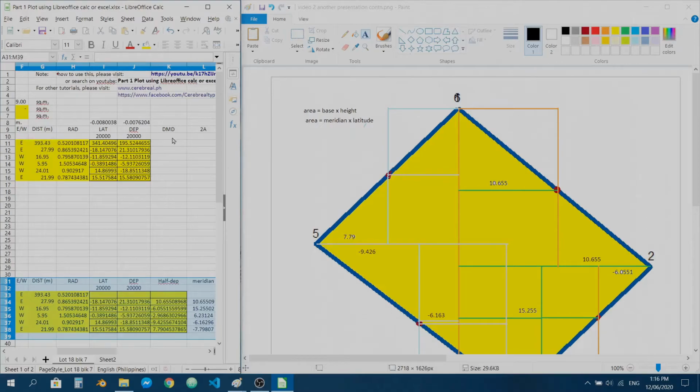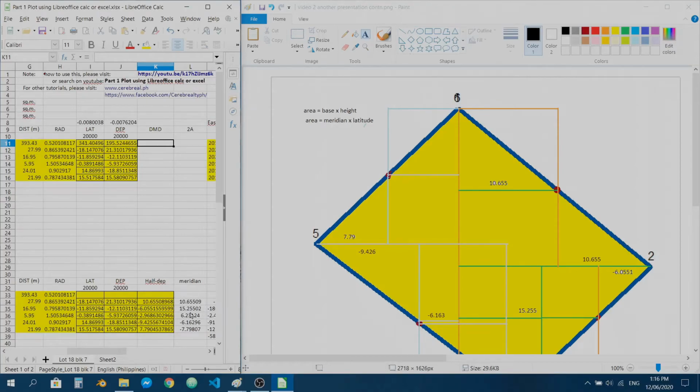Or how do we derive it? In actual practice, we do not divide the departure to get the half departure. We just simply use the departure to get the meridian. But since we do not divide this by 2, the resulting meridian is actually double.